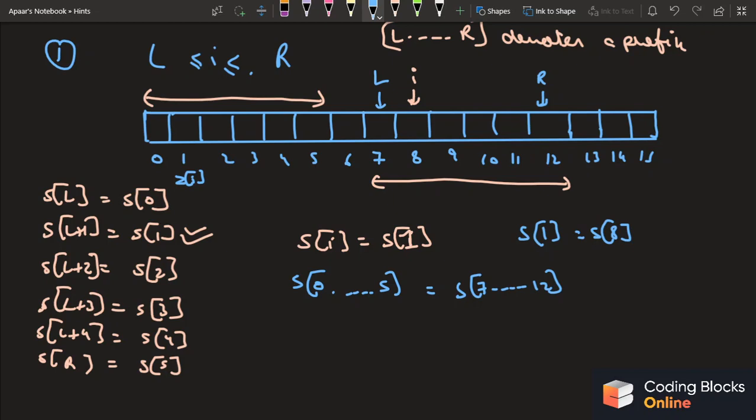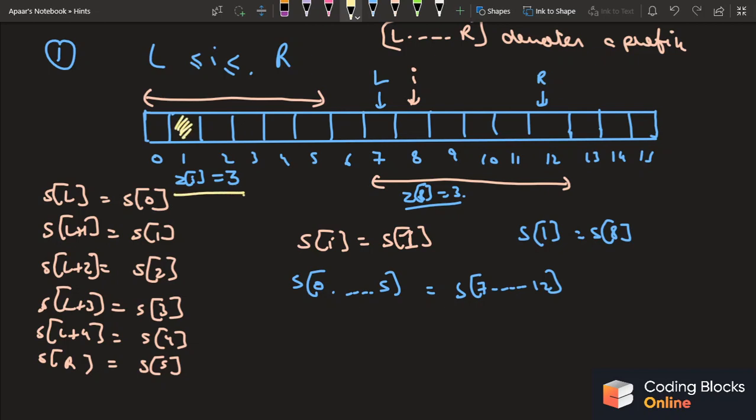So let's say this substring has length 3, right? That means it started from 1 and went to 3, that means z1 is 3. So for now let's take z1 equals 3. So basically guys, shouldn't z8 also be equal to 3? Because both the strings are equal. If z1 is 3, what does this mean?